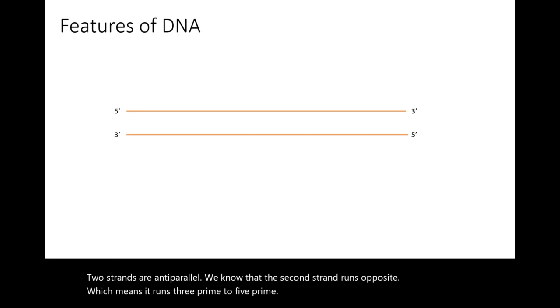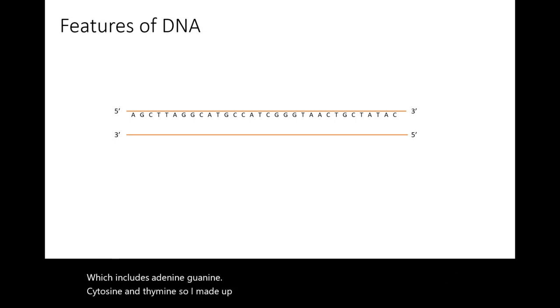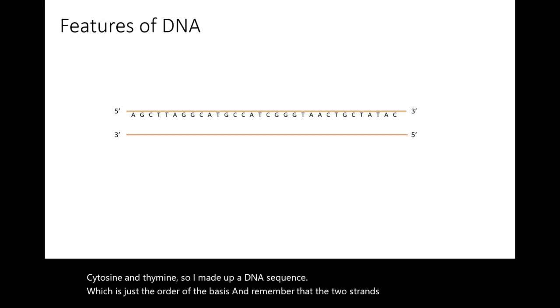Each strand that makes up the DNA molecule contains 4 different nitrogenous bases, which includes adenine, guanine, cytosine, and thymine. So I made up a DNA sequence, which is just the order of the bases. And remember that the two strands are also complementary.